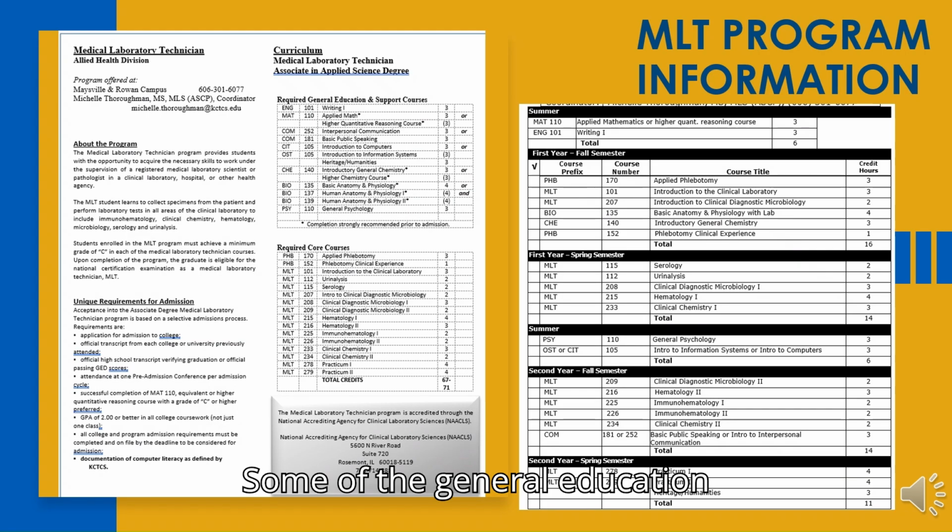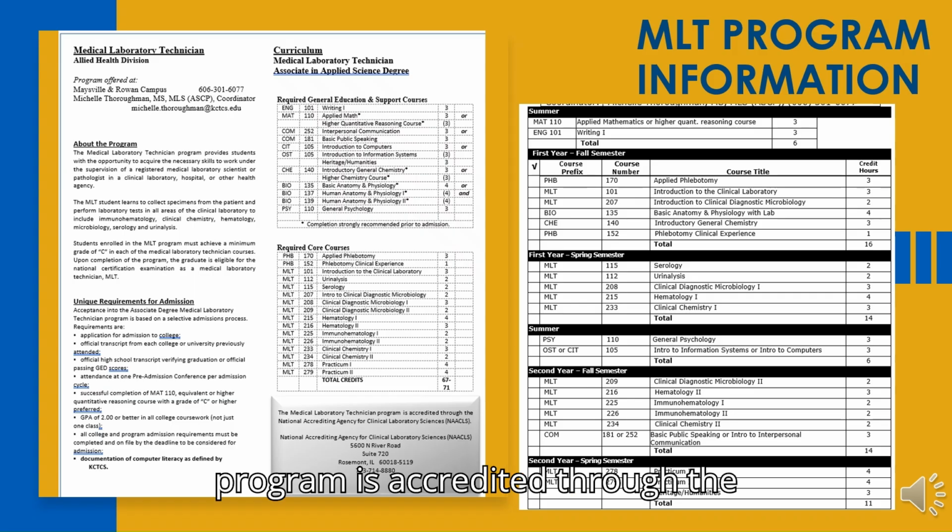Some of the general education requirements for the program include English 101, Math 110 or higher, a communications course, a computers course, heritage or humanities course, Chemistry 140, Bio 135 or Bio 137 and 139, plus Psychology 110.